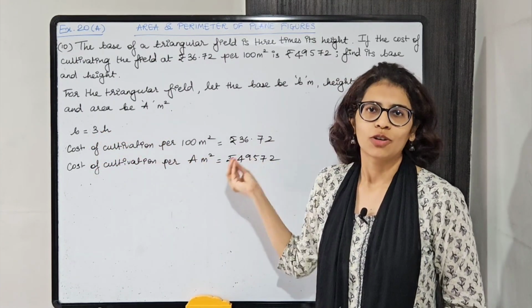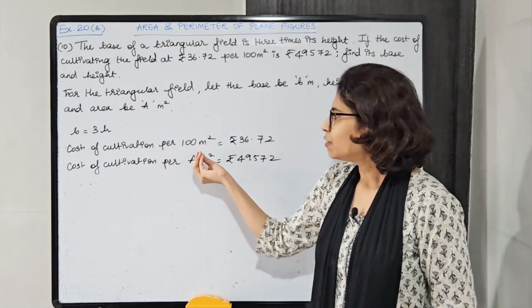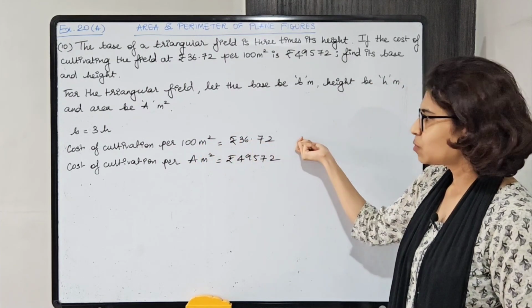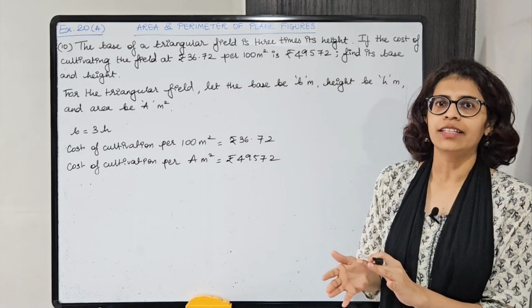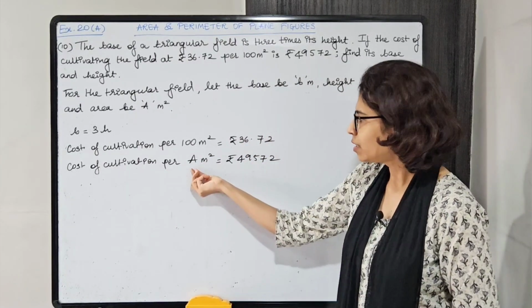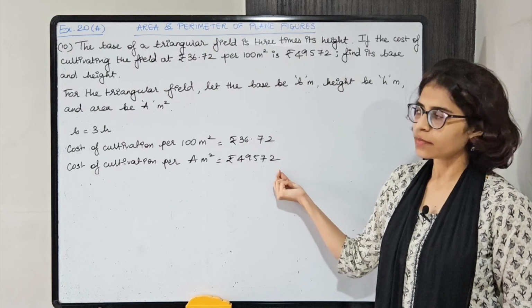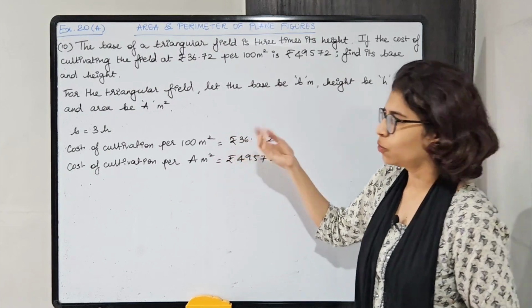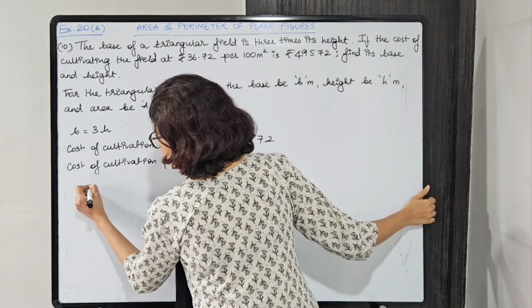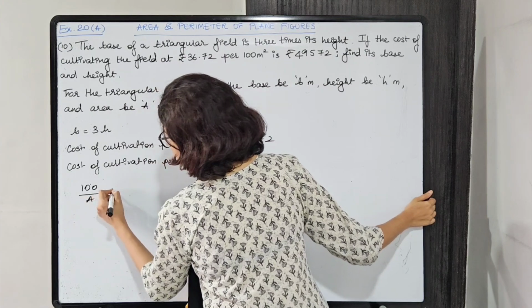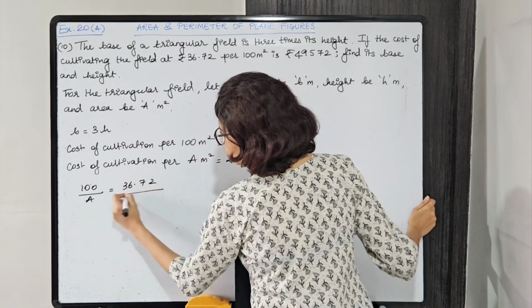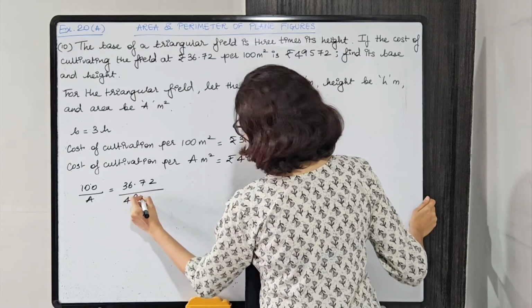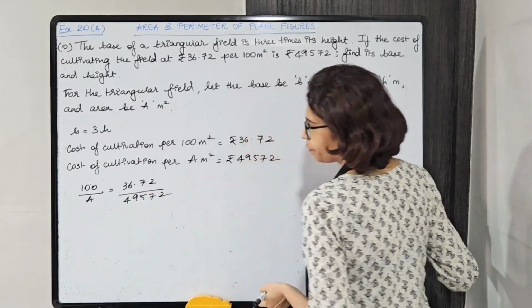What else? Cost of cultivation. So cost of cultivation per 100 square meter is 36.72 and the cost of cultivation of the entire triangular field, that is area A, is 49572. Now let's relate both. So 100 by A is equal to 36.72 divided by 49572.